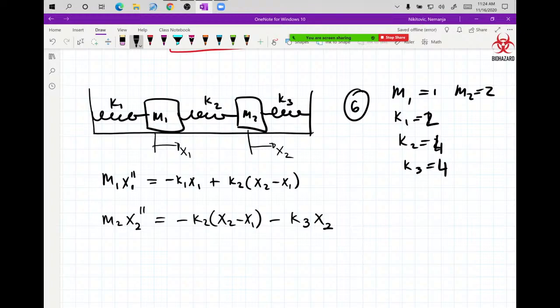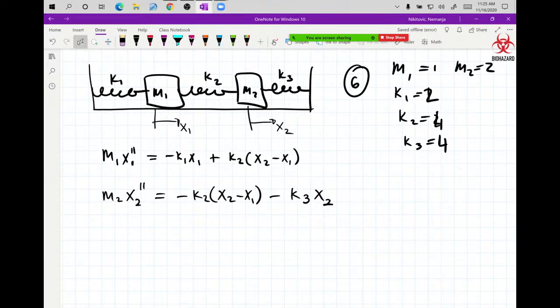And you can see how M2 on the left is impacted by the left mass, right, with the K2. And on its right, it's impacted by the fact that it's hooked up to the wall, right? Now, all I need to do is to simplify all of this, right?